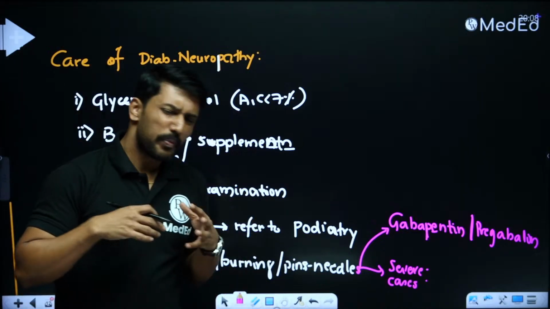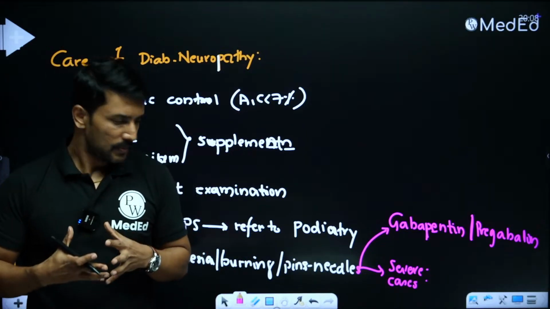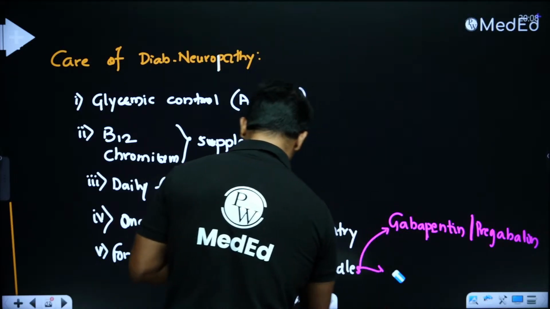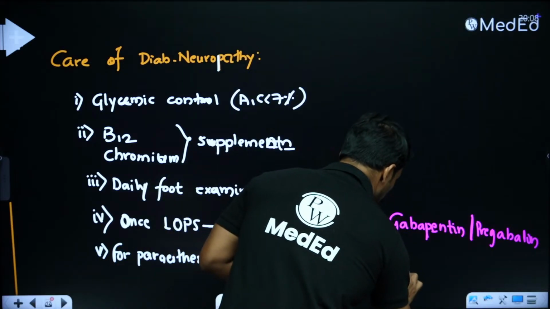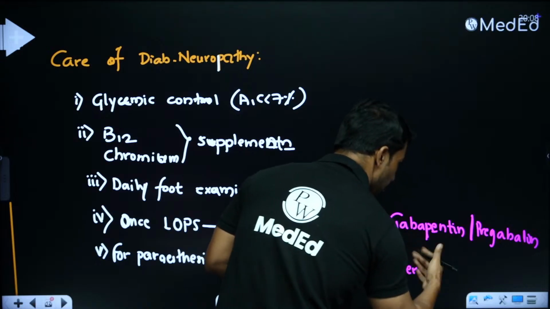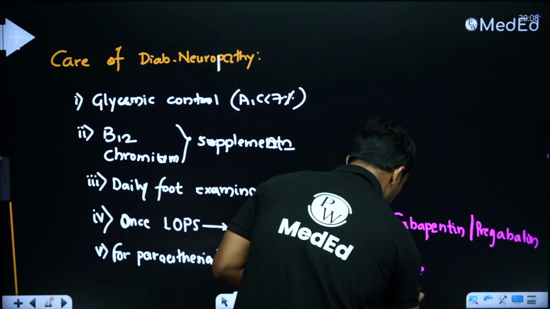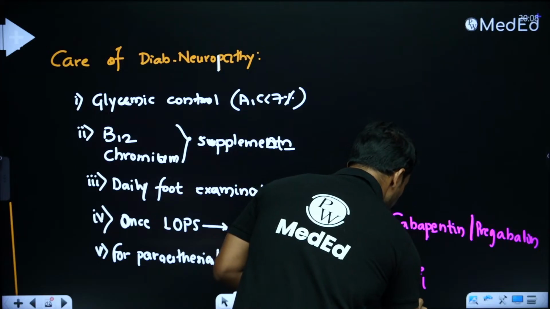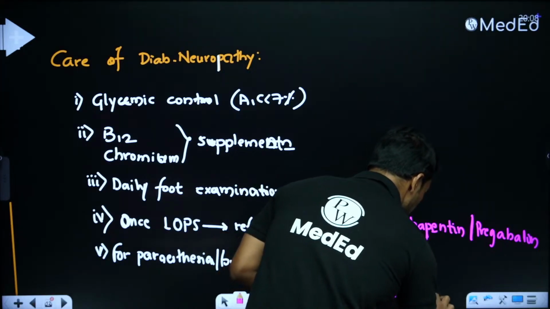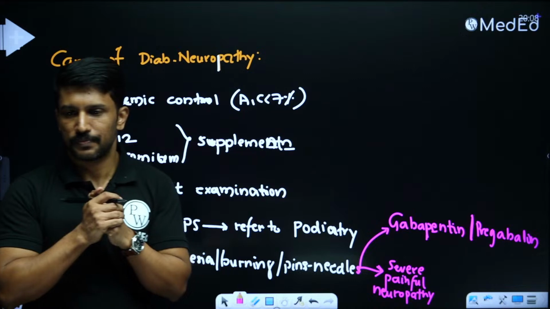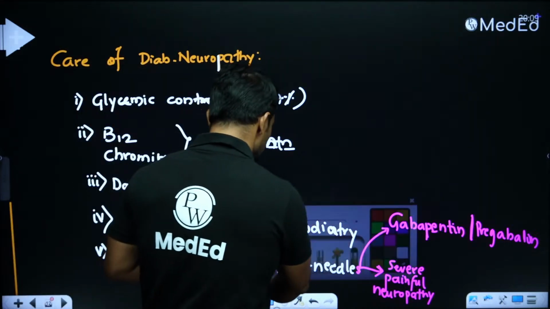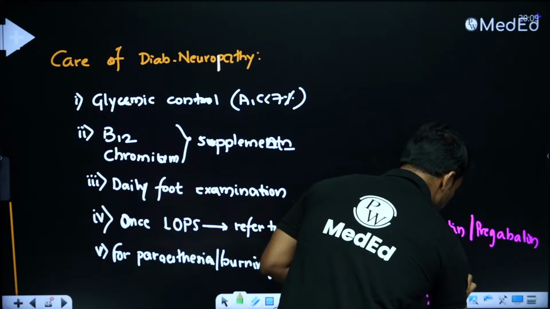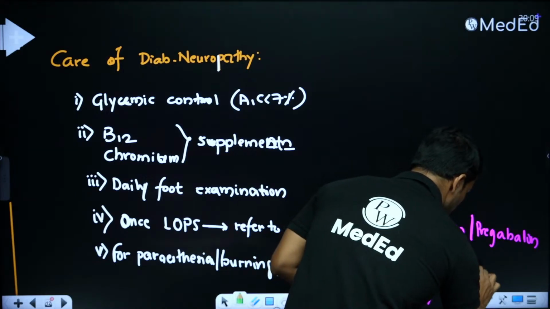In severe painful cases where even gabapentin or pregabalin may not be sufficient, there is something derived from the chili which can be used as a transdermal patch. Yes, we can use transdermal capsaicin.